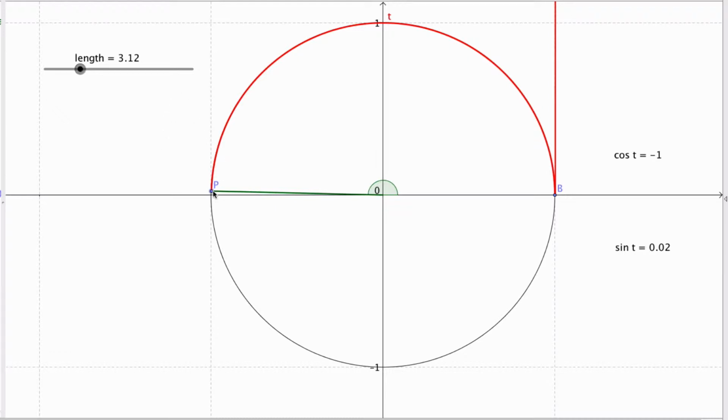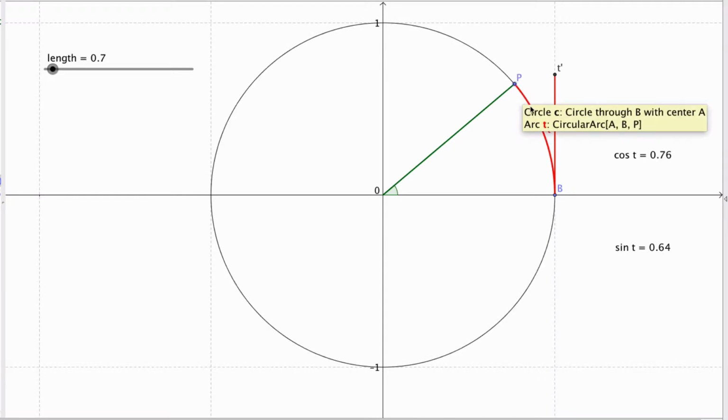Now, there's something very important about this point P that we get as we wrap around. So I take any length T dash here, I wrap it around, so I can call this the wrapping machine, and I end up at a point P. What do you know about that point P? There's only one P for any length T, or T dash.